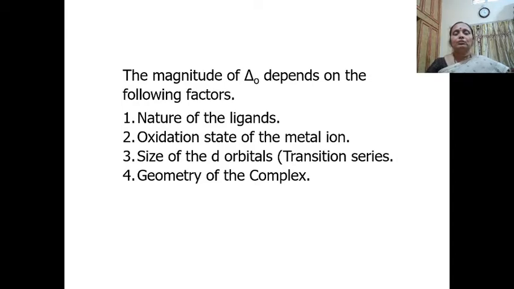Now, the magnitude of the splitting depends on the following factors. The four important factors are the nature of the ligand, oxidation state of the metal ion, size of the d orbitals, that is the transition series, and geometry of the complex.